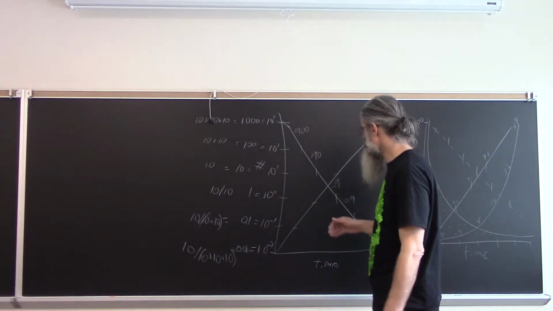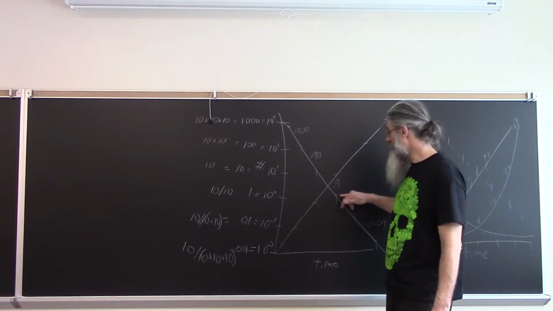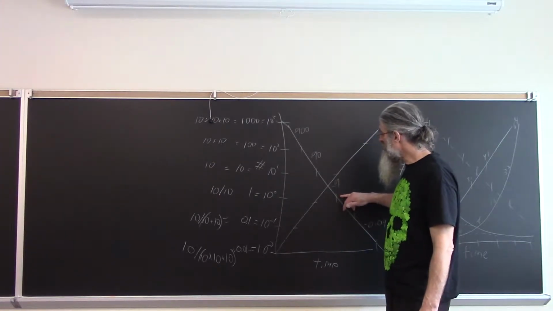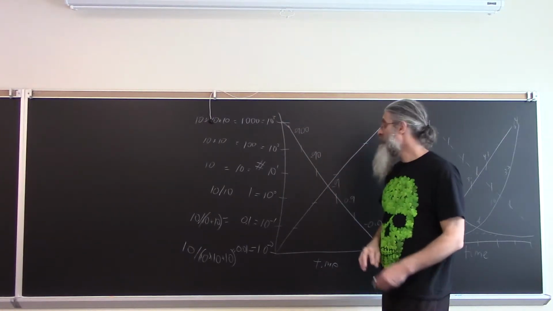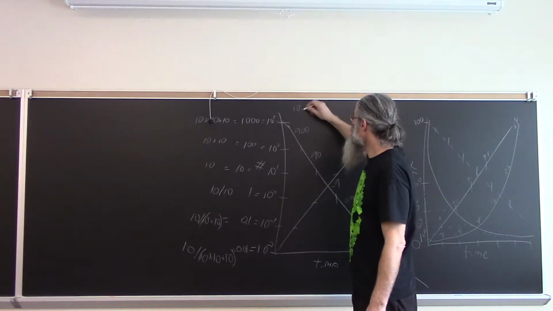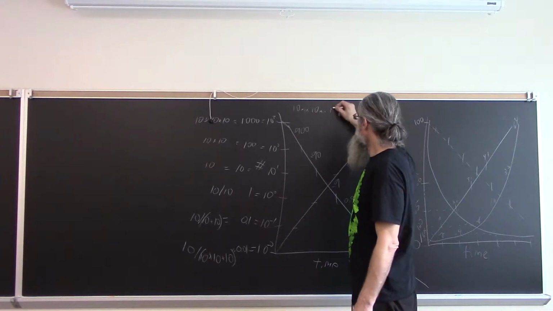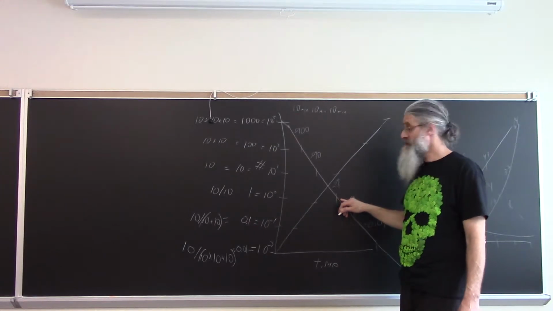So if we're trying to reduce the number of individuals to 1, obviously we usually want to do better than that, but let's say 1, then if we started with 1,000 individuals, it's going to take 3 units of time. Well, let's say that each of those units of time is 10 minutes. So it would take 30 minutes to reduce this population of target organisms down to 1.